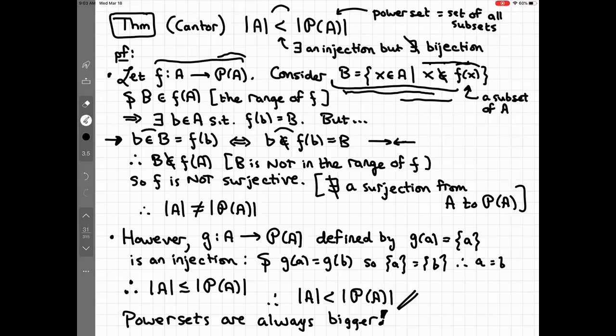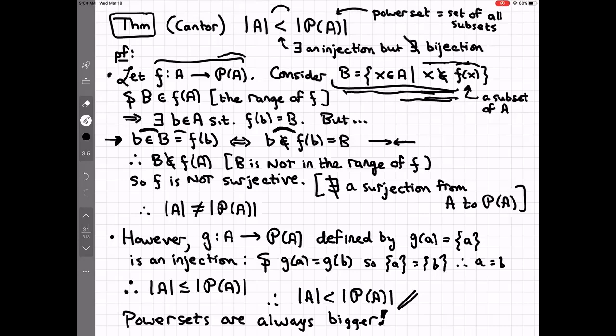Now going the other direction, what if b didn't belong to f of b? Well, if b doesn't belong to f of b, by definition, that means that little b belongs to capital B, because that's what it takes to belong to capital B: you don't belong to where you mapped to. But capital B is f of b.